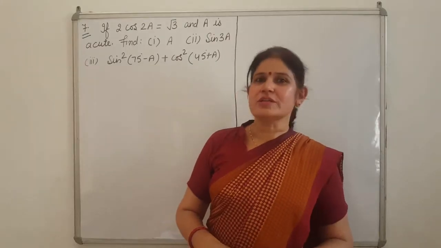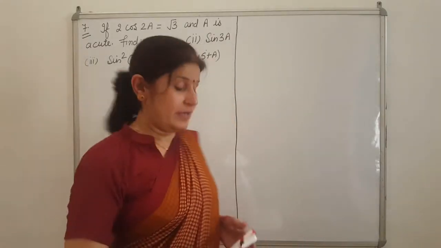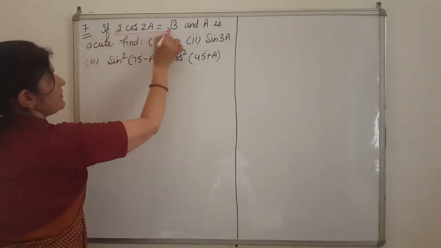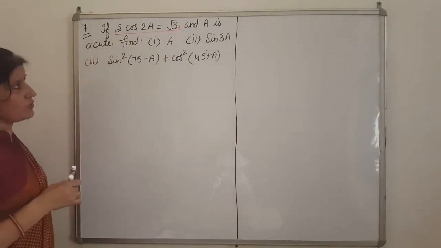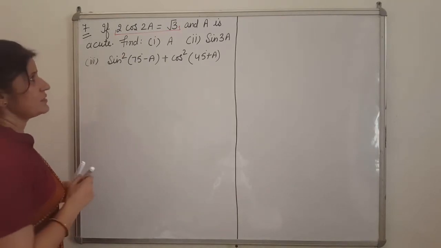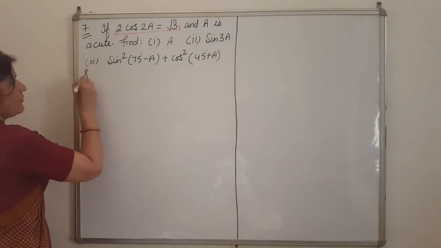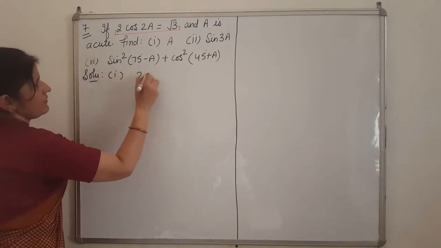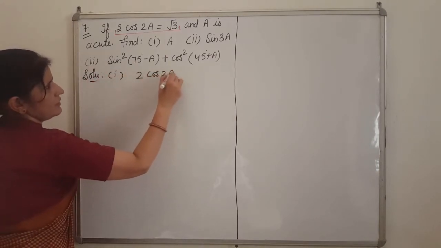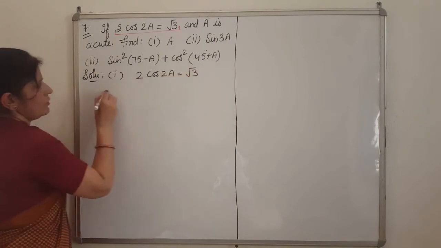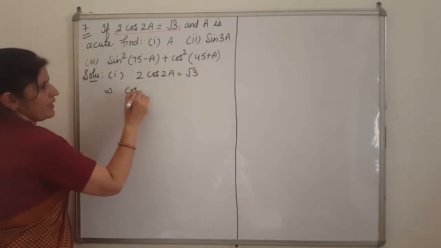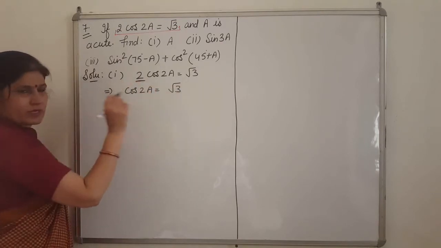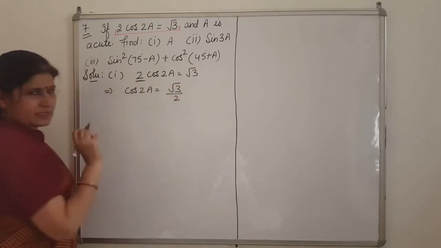Our next question, question number 7. In this question, 2 cos 2A is equal to root 3 is given. Using this, you have to find these 3 parts. First of all, you have to find the value of A. So we'll take the same equation. Now, cos 2A. This 2, which is in product here, will go to the other side in division.